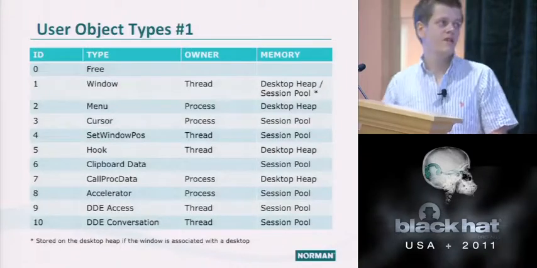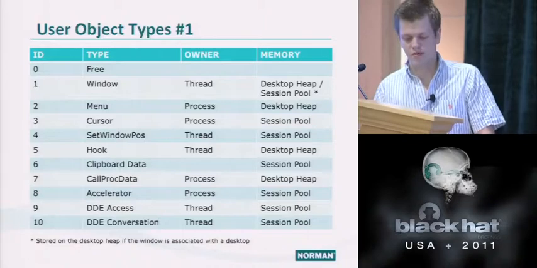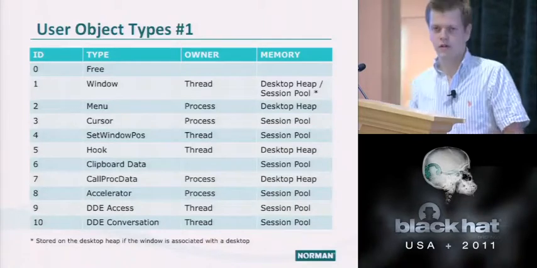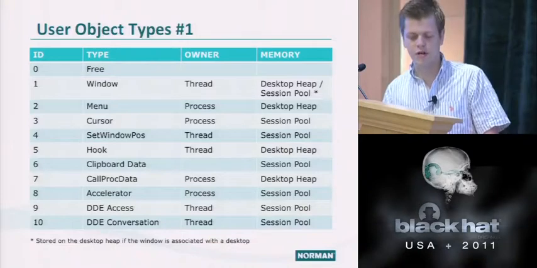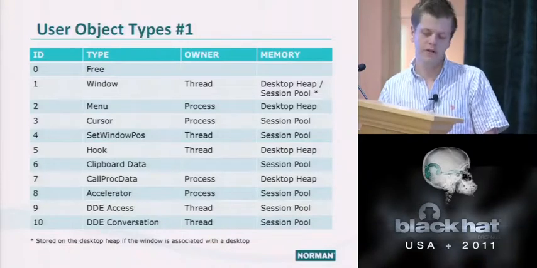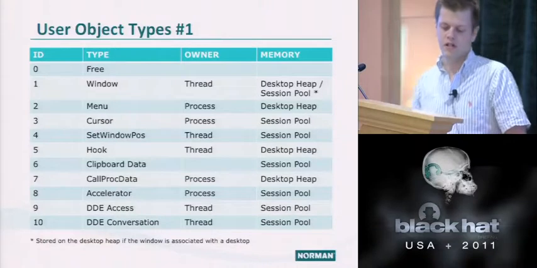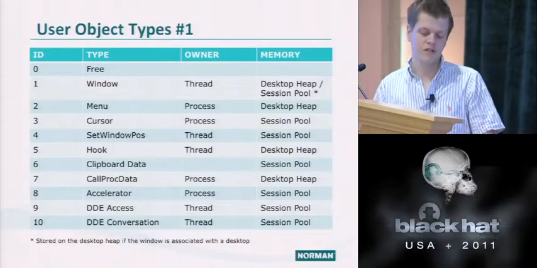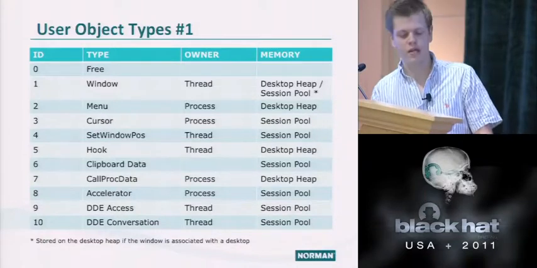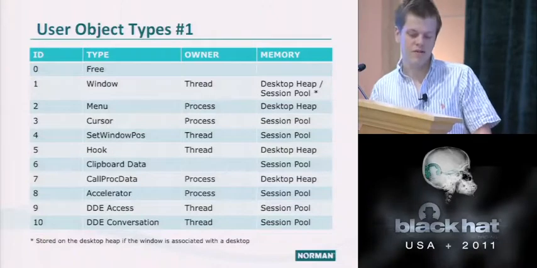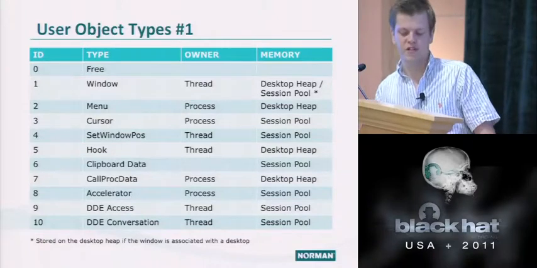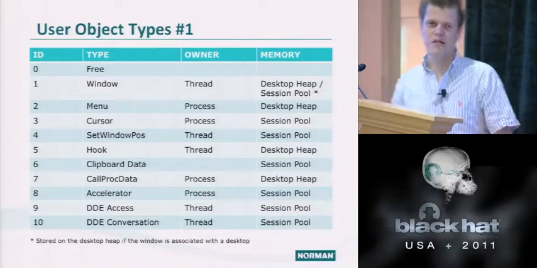So here's the table. This is quite convenient to us. You can see the locality of all the objects, who's the owner. So when you know the owner, you know the additional header structures. For instance, if it's thread owned, it has a pointer to the thread infrastructure. If it's process owned, it has a pointer to the process infrastructure.